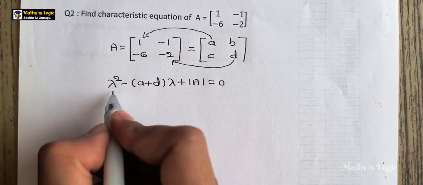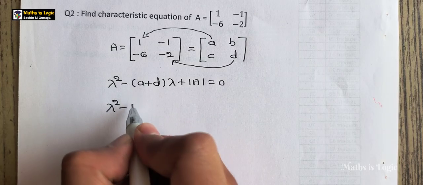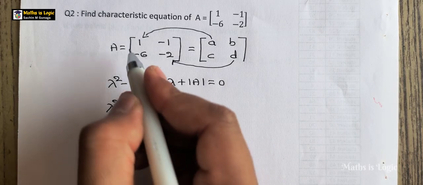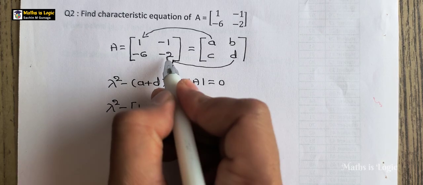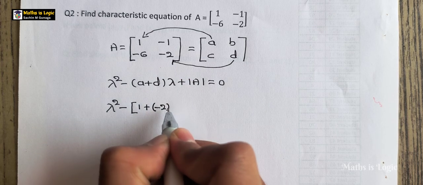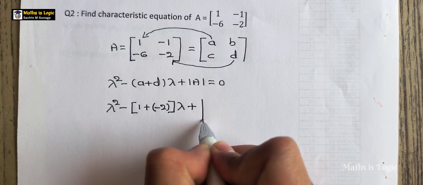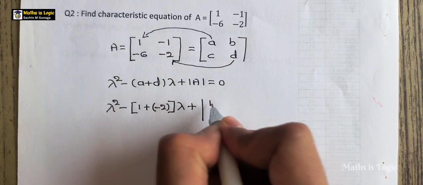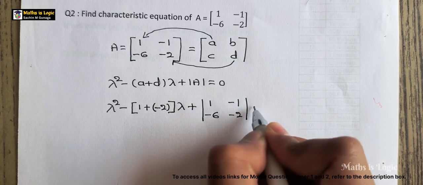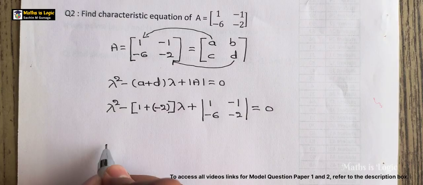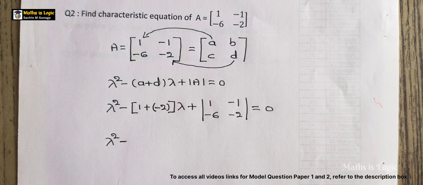Keep that lambda square as it is, minus in bracket. First A value, A is 1, middle plus sign, again in bracket D is minus 2. Complete the bracket into lambda plus determinant of A value, A is 1 minus 1 minus 6 minus 2 is equal to 0. Next, lambda square, this outside negative sign keep it as it is.